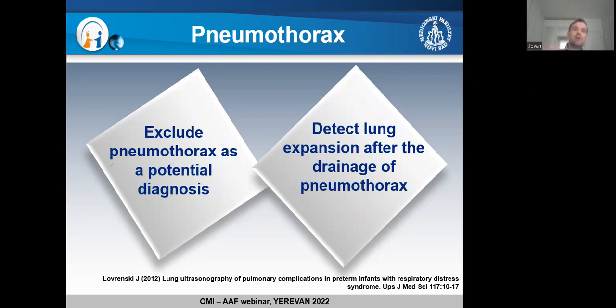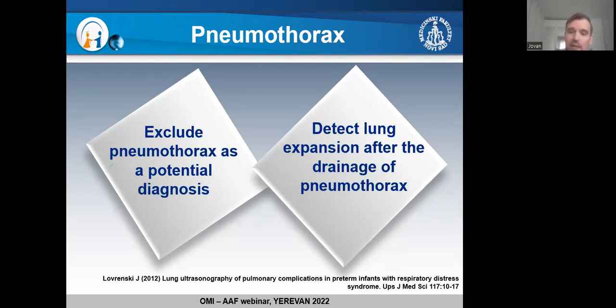Anyway, what is very easy even for a beginner is to exclude pneumothorax as a potential diagnosis. Why? Because if you see lung sliding, there is no pneumothorax. If you see those white lines called B lines, we'll talk later about it, there is no pneumothorax. And if you see lung consolidations, there is no pneumothorax there.